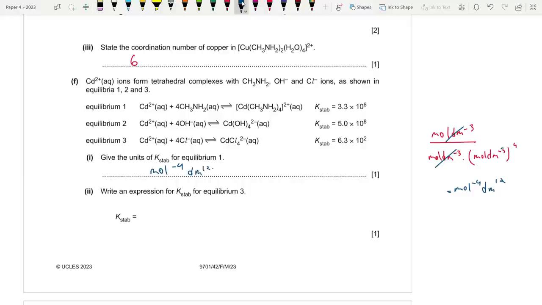Write an expression for Kstab for equilibrium 3. Okay, let's do this. It's [CdCl4 2-] divided by [Cd2+] times [Cl-] to the power 4, like this.